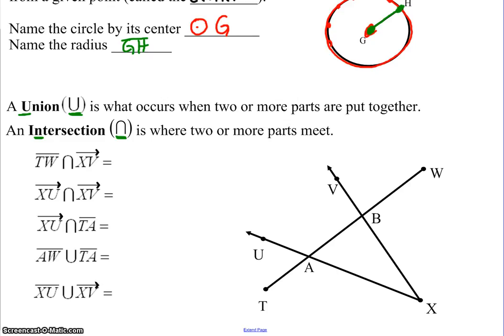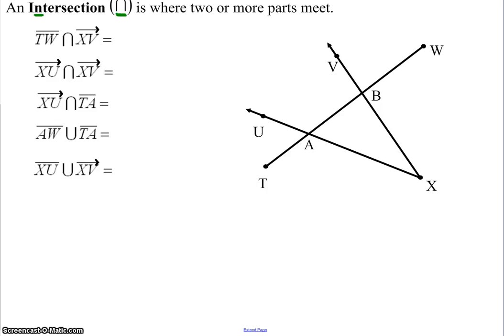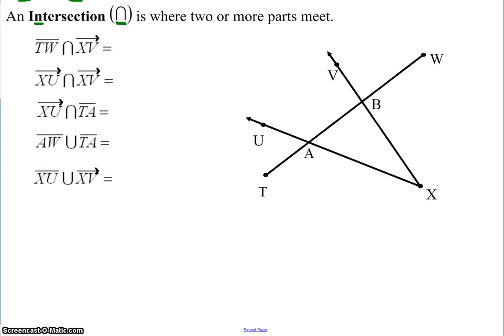So for example here, segment TW intersecting ray, okay, it's got an arrow going in one direction, so it's going to be ray XV. Now what might help here is actually highlighting those different parts. So TW, starting at T, ending at W, where does it intersect ray XV?